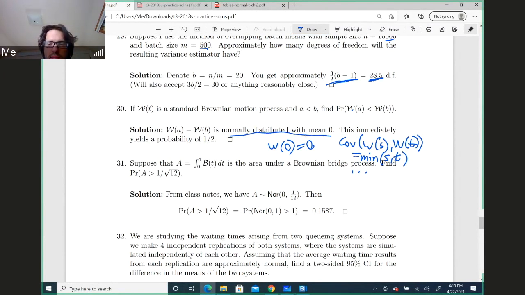And that means that you have some distribution like this, but the mean is at 0. And so the probability that one side is less than the other side is just 1/2.